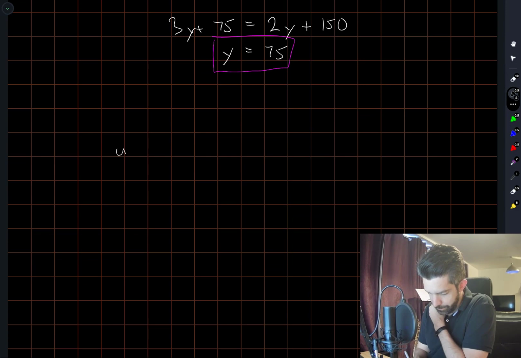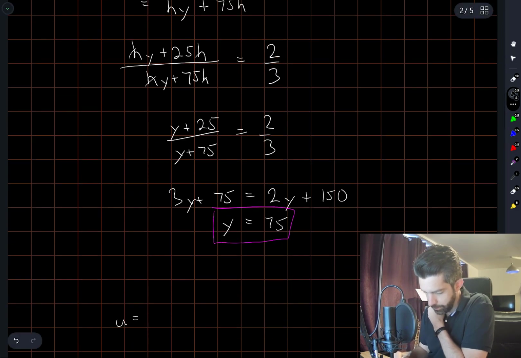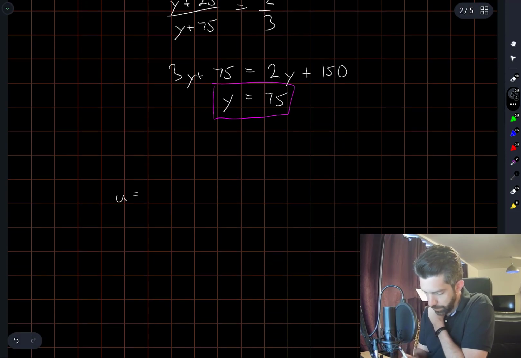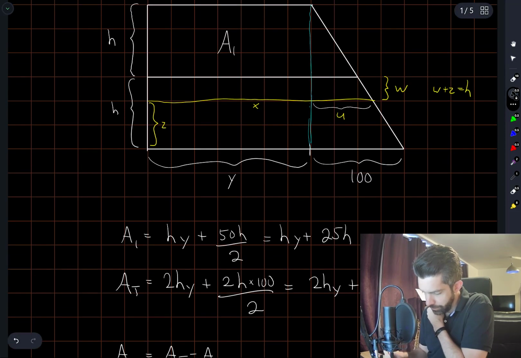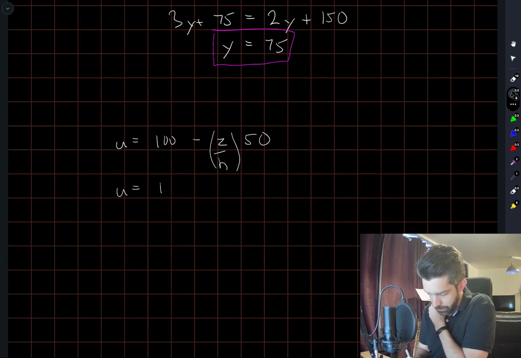So when z is 0, u is equal to 100, and when z is equal to h, it's 50. So u is 100 minus z over h times 50, which is 100 minus 50z over h.